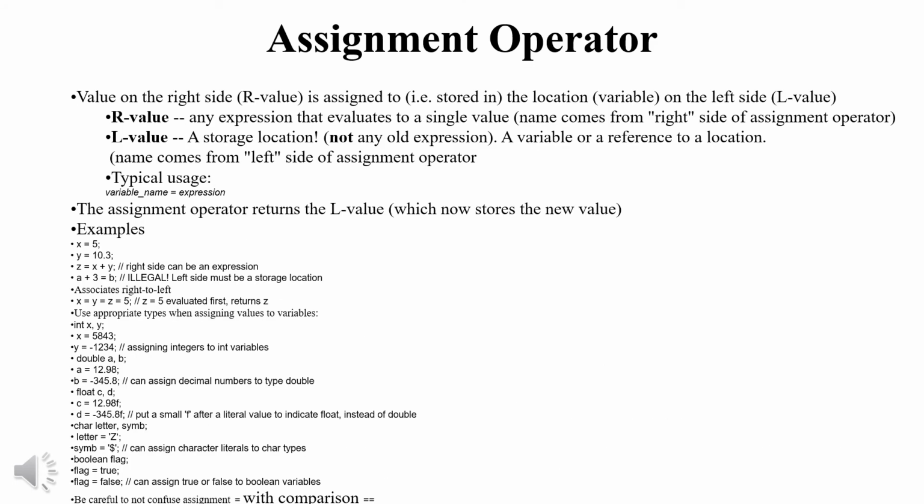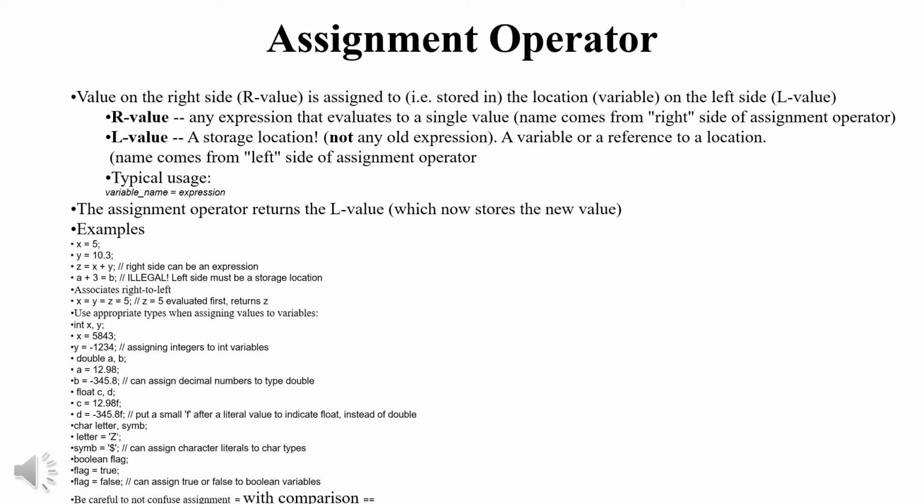The other important operator that we have is the assignment operator. So what this operator is for is assigning a value to a variable, right? So we have the assignment operator. Then on the right side we have the value and on the left side we have the variable.